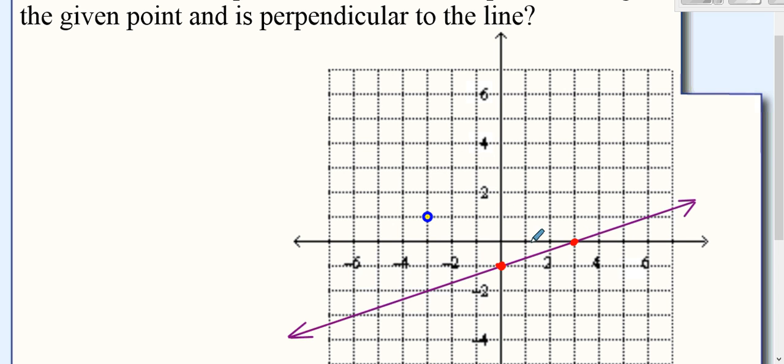Between these points, that slope goes up 1 over 3. So that means that your perpendicular slope, that little upside down capital T, that's a symbol for perpendicular.